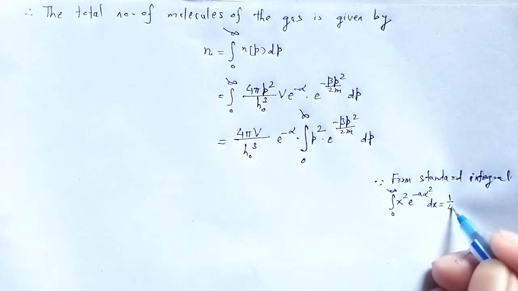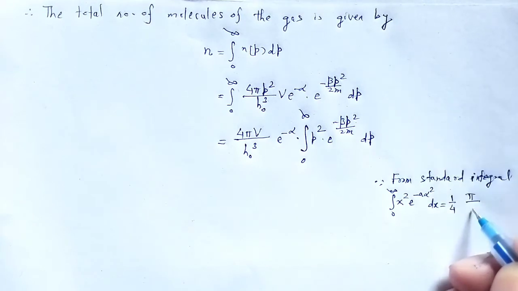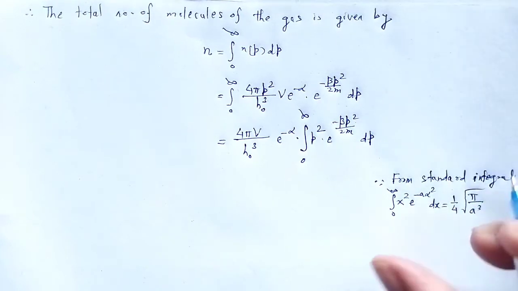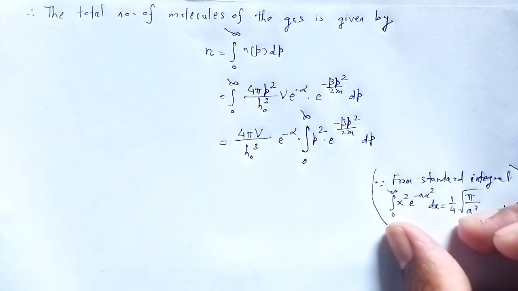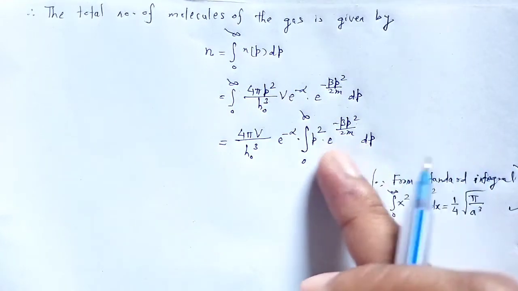That is 1 by 4 pi divided by alpha cube, whole square root. This is the standard integration. Here we use the standard integral to solve that particular integration.